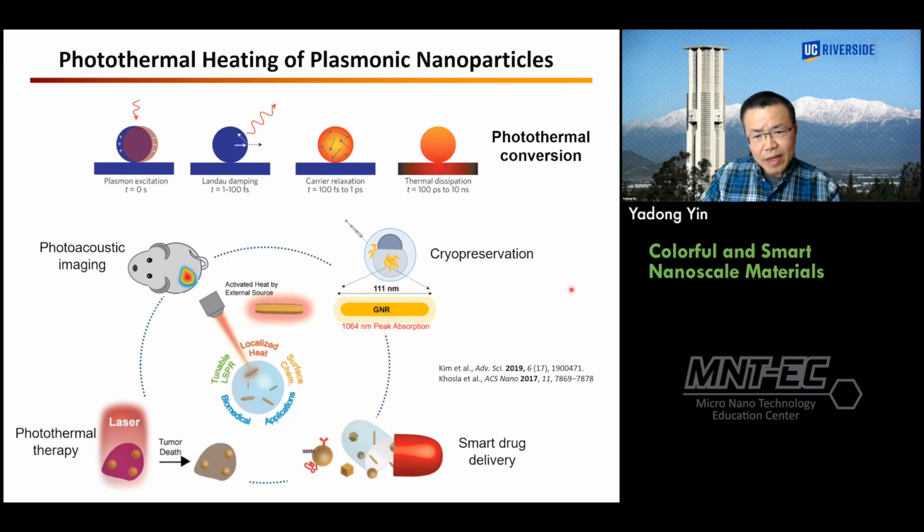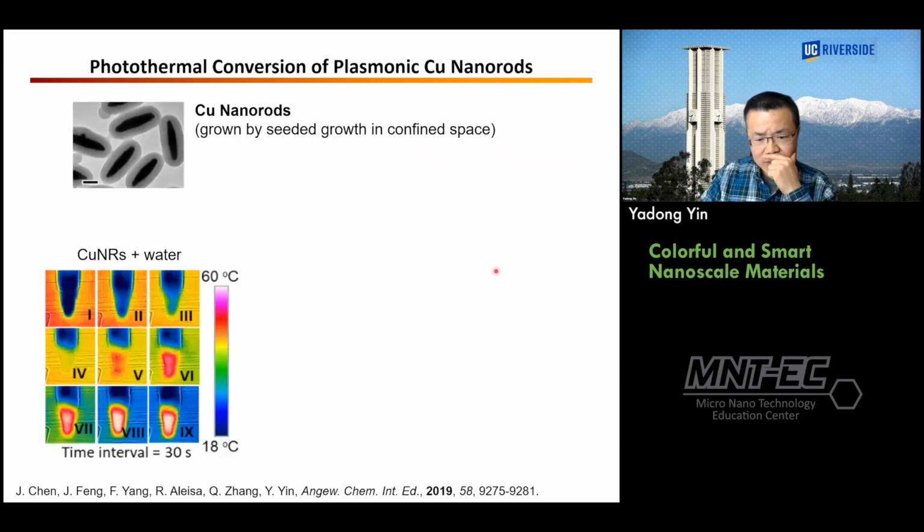Okay, and so on our side, we try to use this phenomenon for making so-called smart materials. I see a student asked whether we use these plasmonic materials for making motors. We actually do that. Here, I just want to show you some examples. We made these copper nanorods. Copper is also a plasmonic material.